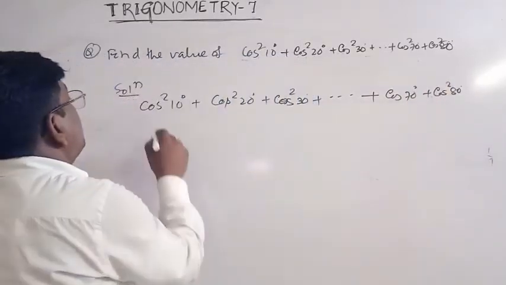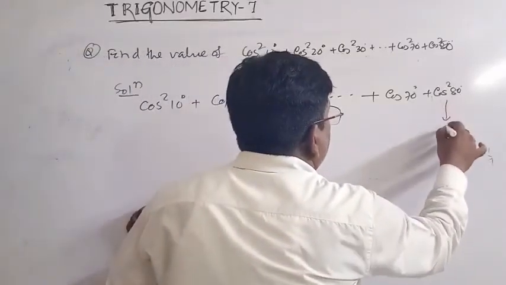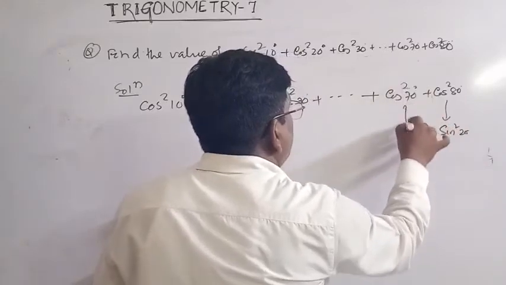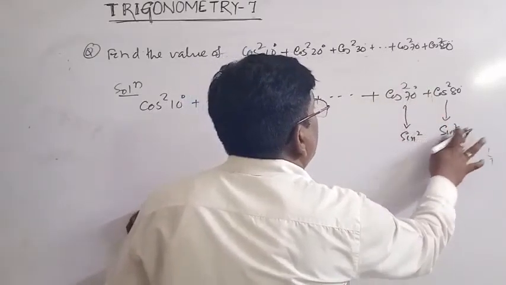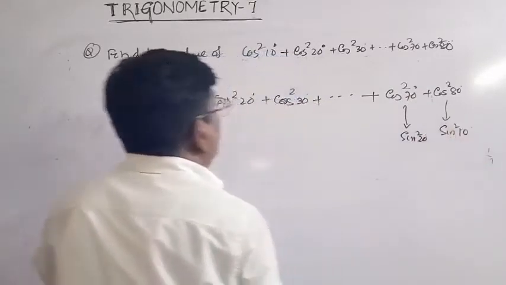Now cos square 80 will be sin square 10, cos square 70 is sin square 20 degree, like this.